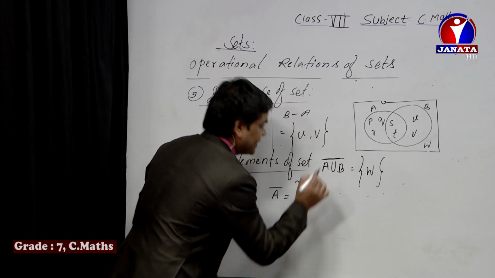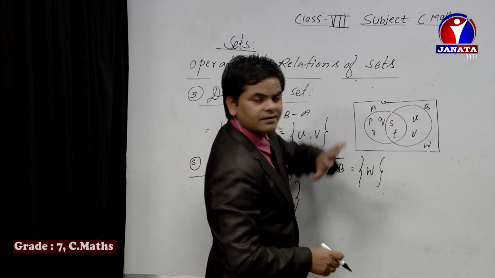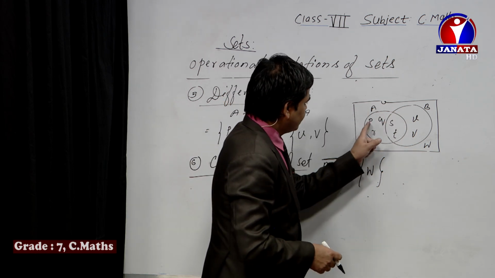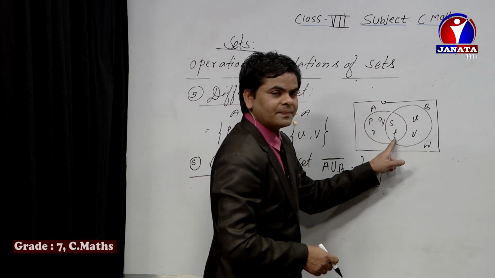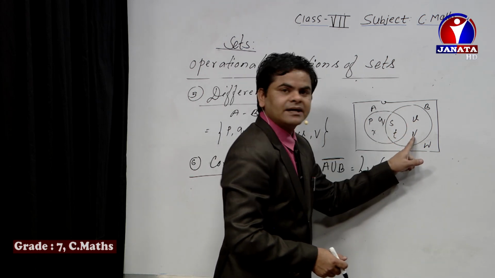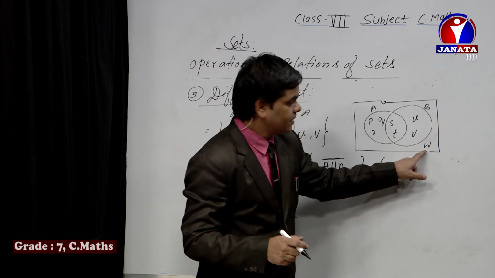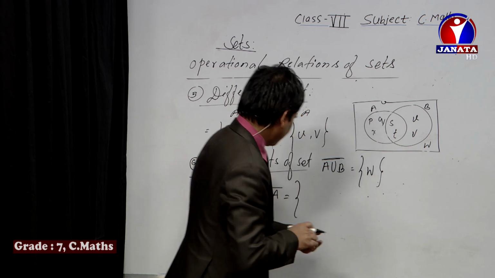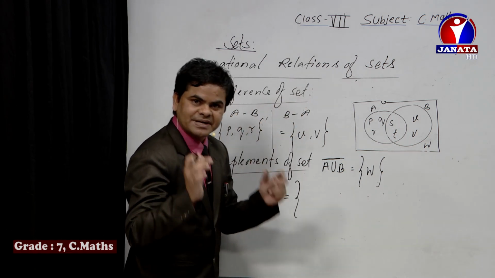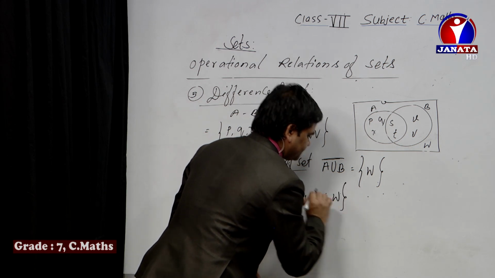So if we hide the elements of A, dear students, P, Q, R, S, T will be hidden. Now what remains? U, V, of course, dear students, do not forget this one also cannot be hidden. That's why U, V, and W. It means A complement represents U, V, W.